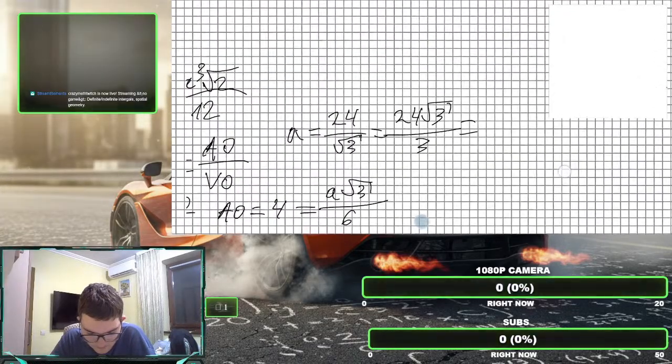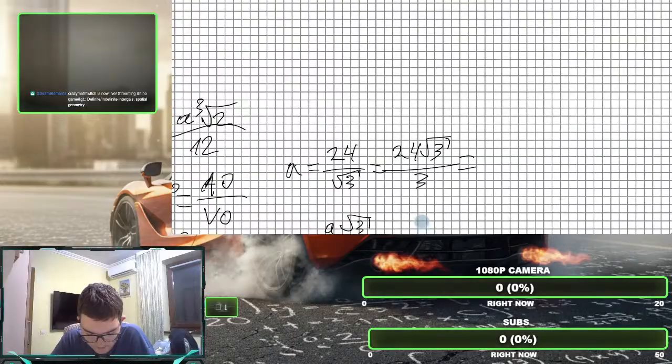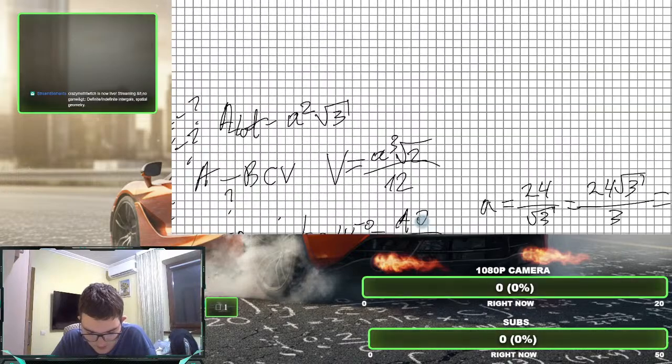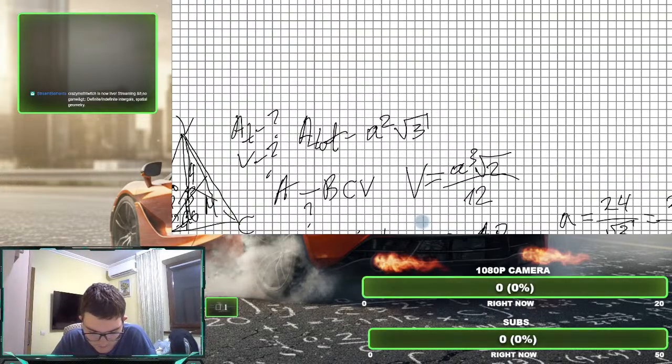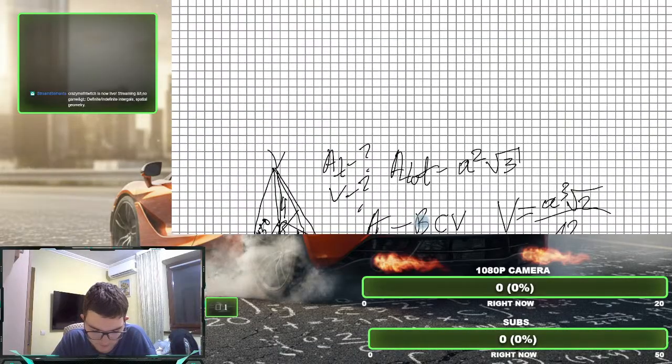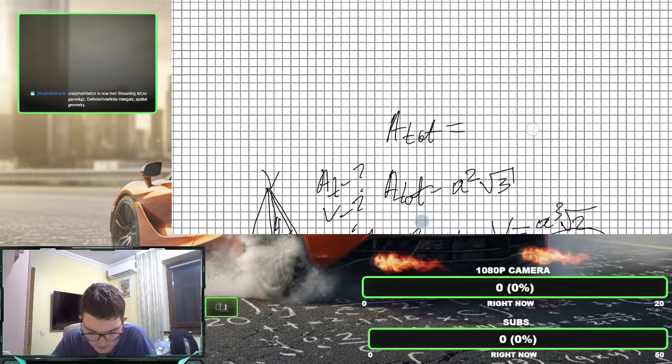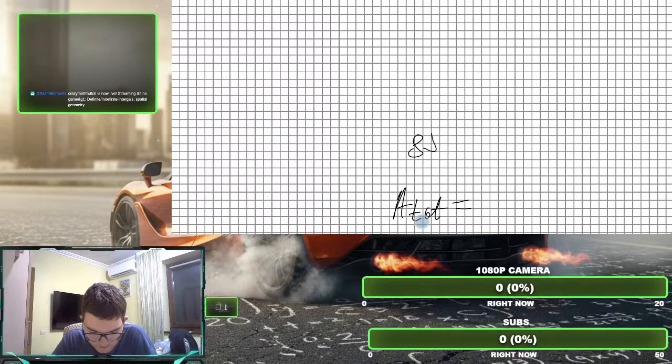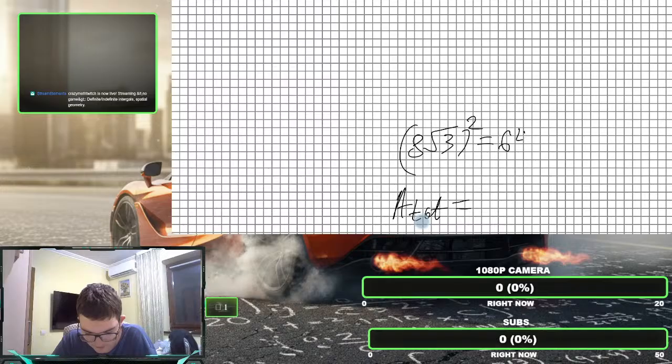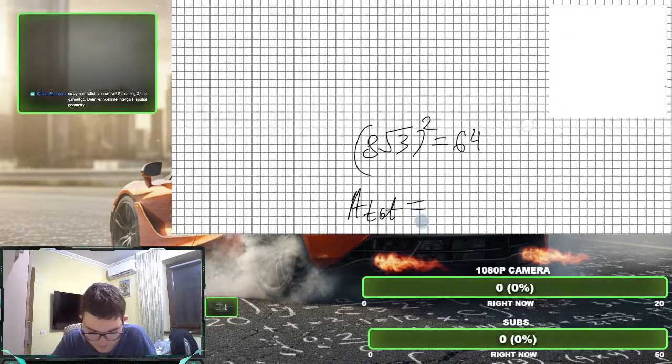So essentially it's 8 square root of 3 centimeters. Now I have A, and I can calculate total area, volume, whatever. Total area is 8 square root of 3 divided by, the second power. So this will be 64 times 3.